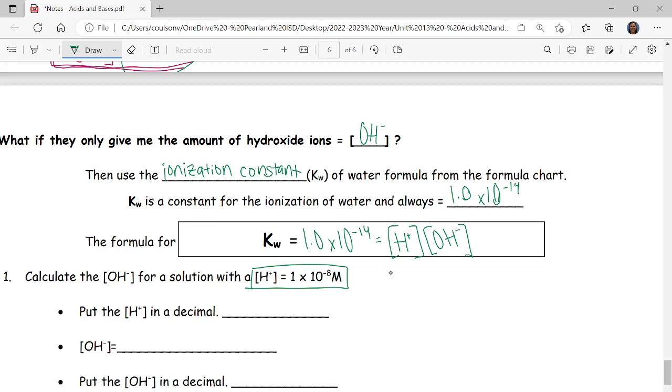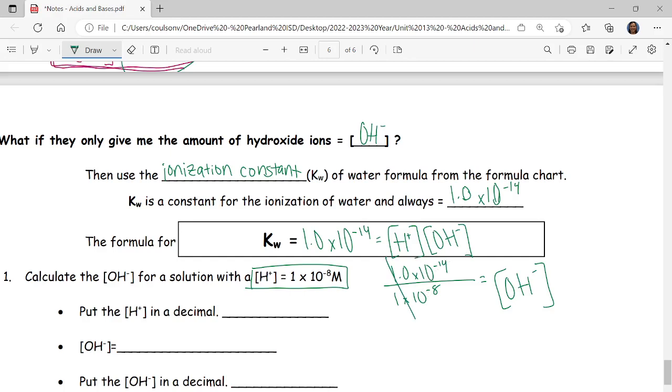So what I can do is set up that 1.0 times 10 to the negative 14th, which is my Kw. I would divide this right-hand side of my equation by the hydrogen ion concentration, so divide that by 1 times 10 to the negative 8th, and that would equal my hydroxide ion concentration. 1 divided by 1 is just 1. Then 10 to the power of negative 14 divided by 10 to the power of negative 8.